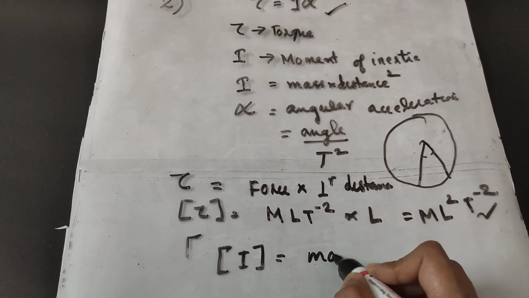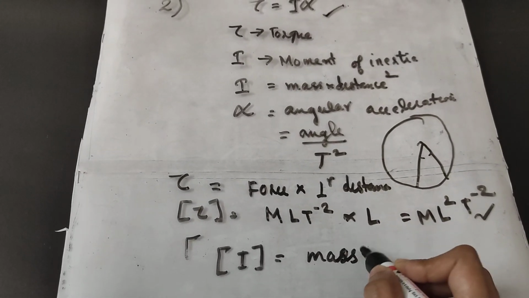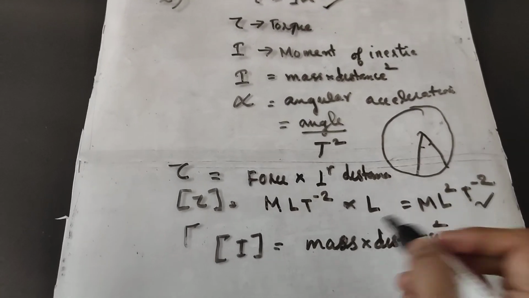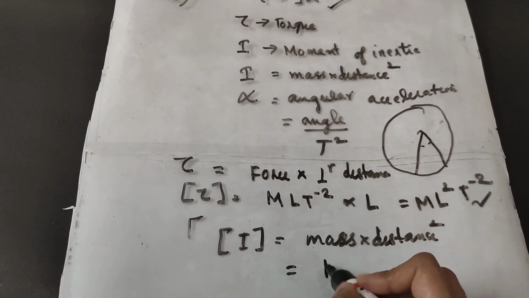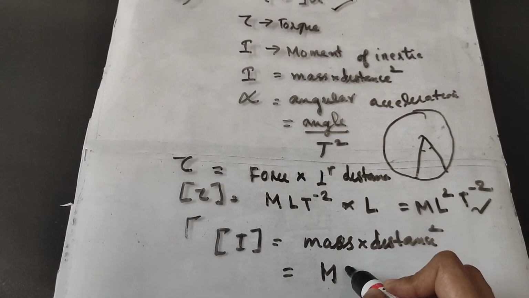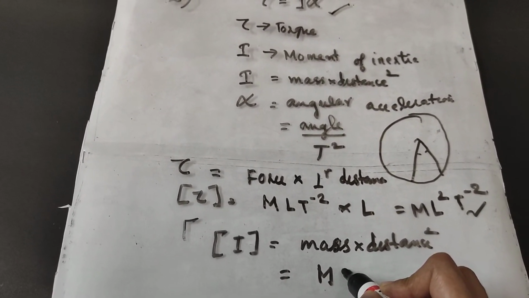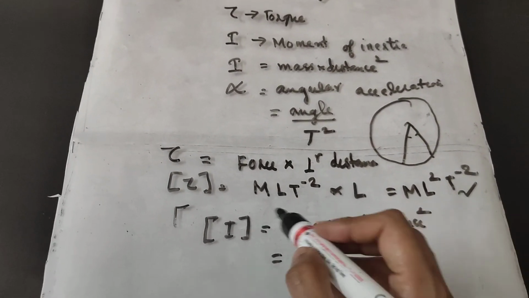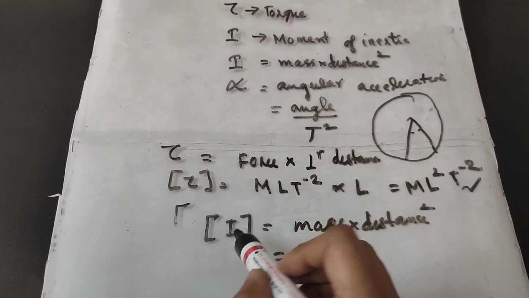The equation is mass into distance square. The dimension of mass is M, and distance dimension is L, and since it is distance square, it is ML square. So this is the dimension of I.